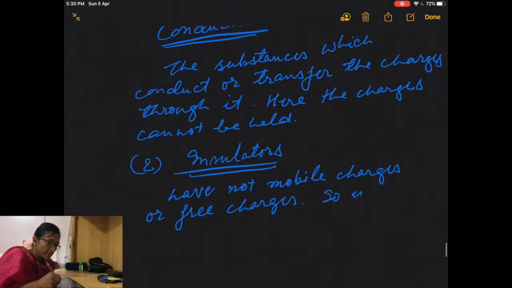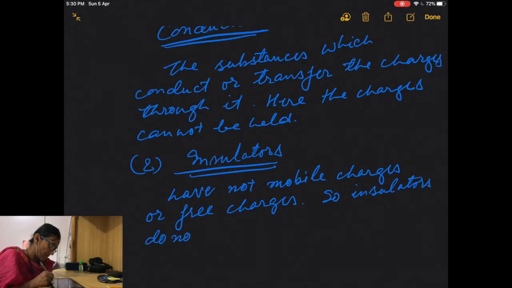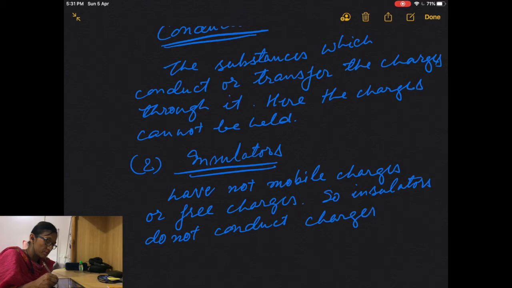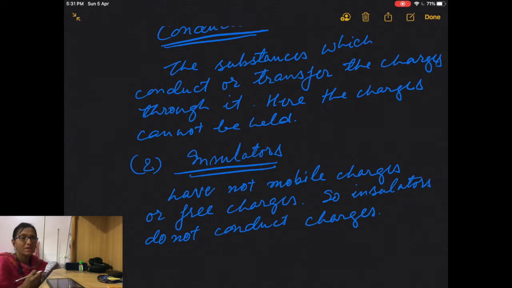So insulators do not conduct charges. When they do not conduct, they just hold the charges. Insulators hold the charges, so they get charged.